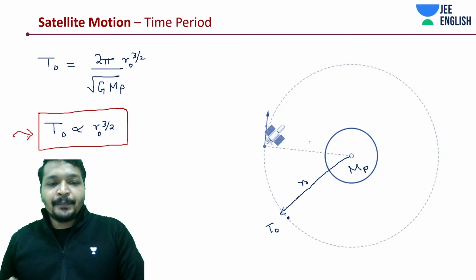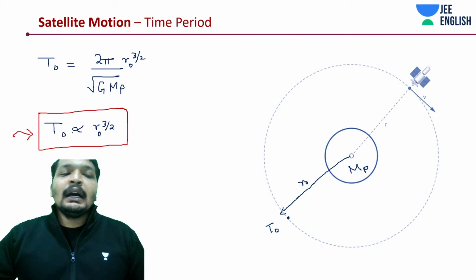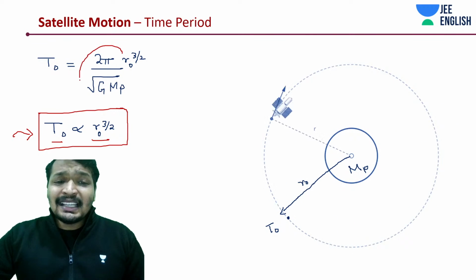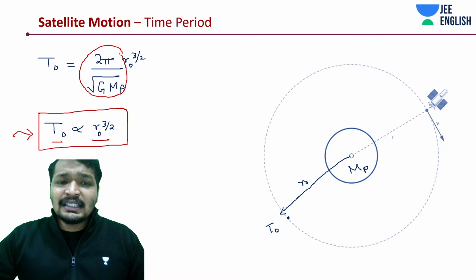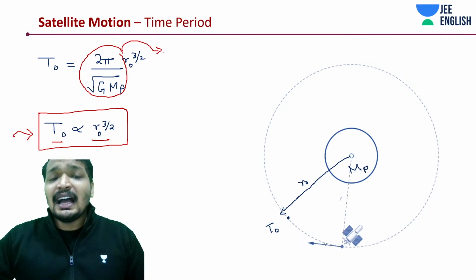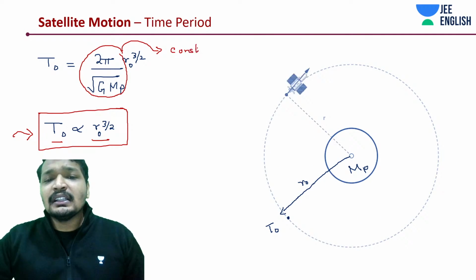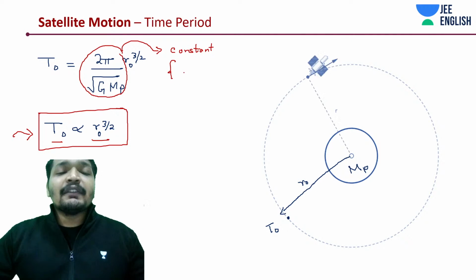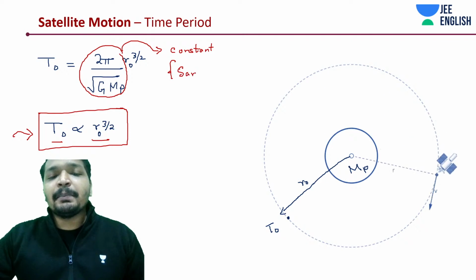That's it. Now coming to this point, there's nothing to remember, it's a very simple thing. This ratio is constant as long as we are talking about two satellites that are revolving around the same planet.